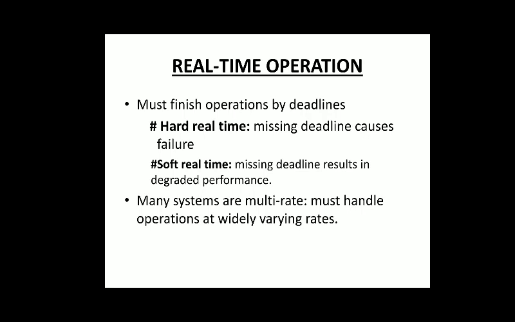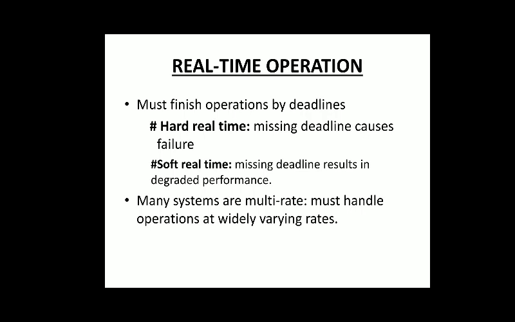Suppose there is a nuclear reactor and the embedded system is the cooling system of the nuclear reactor. What happens if the cooling system misses its deadline and is unable to control the heat? The output would be catastrophic. The whole system could burst and it could be fatal.